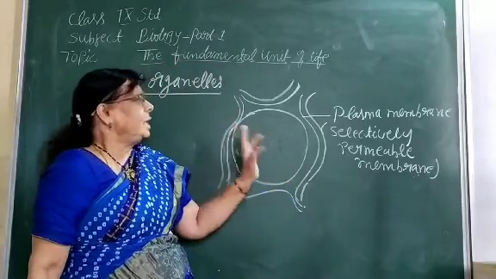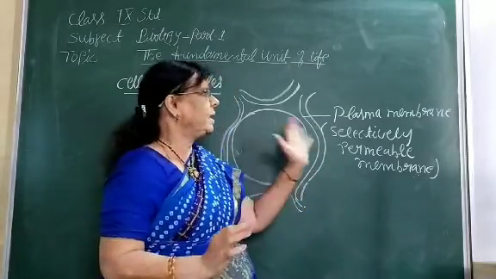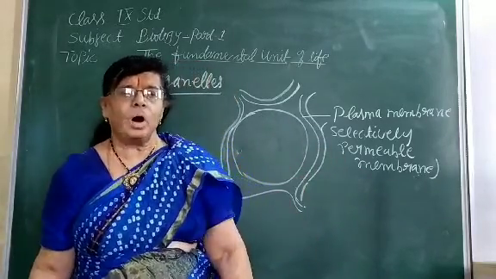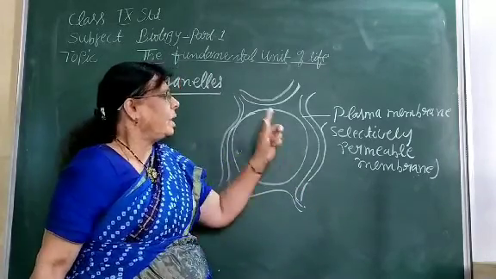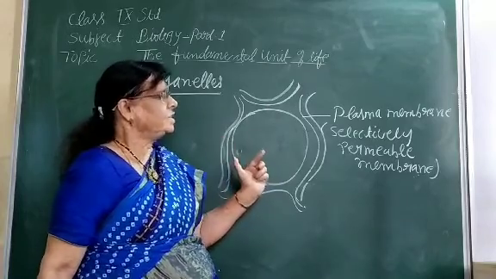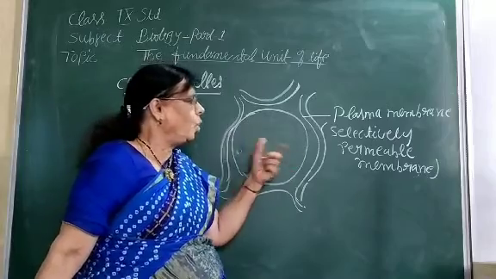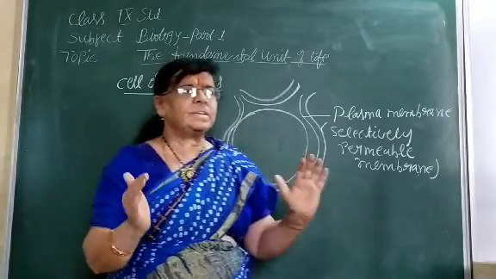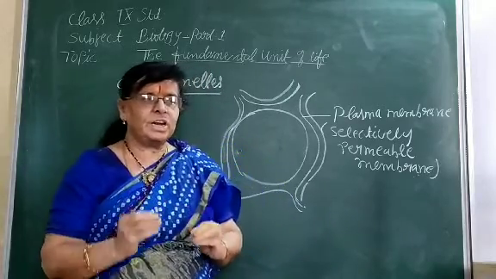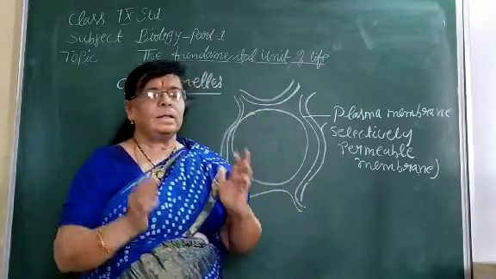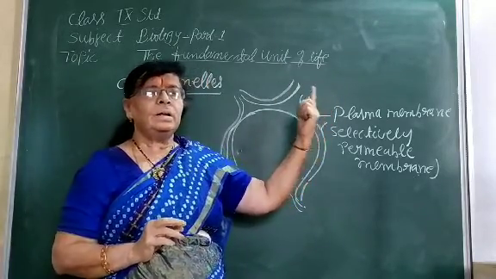Now let us take another example of how there is the diffusion of gases, for example carbon dioxide and oxygen. If carbon dioxide has to go out of the cell, what happens is during the process of respiration, carbon dioxide is released, and inside the cell the amount of carbon dioxide is more when compared to the external medium.